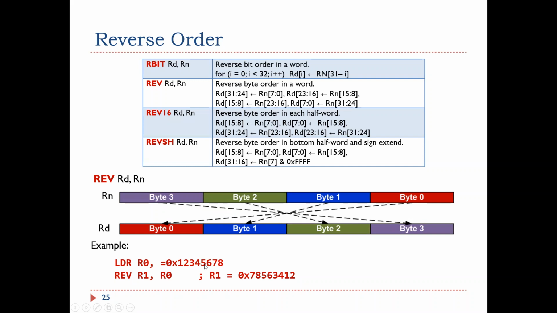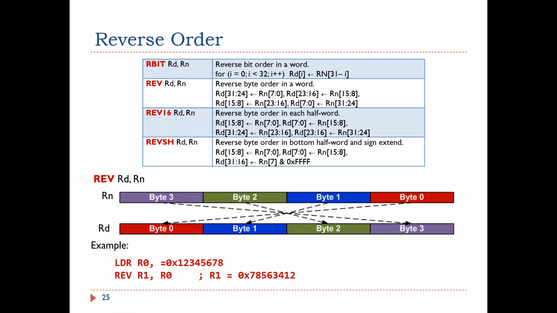And byte 1, which is 56, becomes byte 2. And the most significant byte, which is here 12, byte 3, becomes byte 0. You can see it here. So it's pretty obvious to see that with REV, you can reverse bytes in a word.